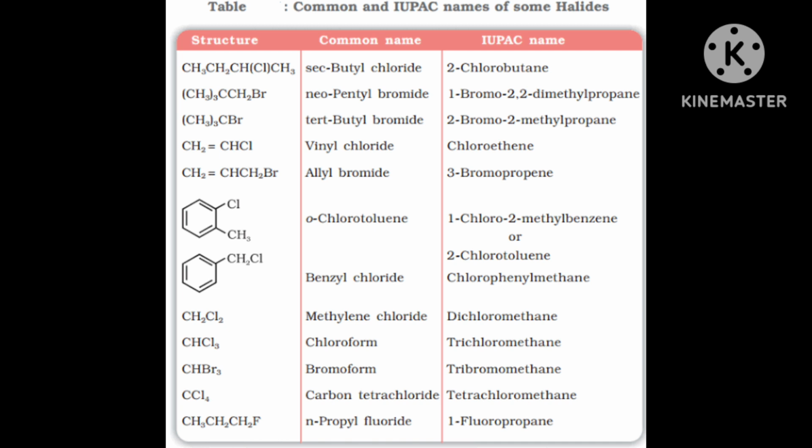Now what is the IUPAC name? All things will be the same, only the numerals you have to write: 1, 3, 5, 1 comma 3 comma 5. After that a dash, because you are making some change, that's why the dash is added. Then 1,3,5-tribromobenzene. Naming is the same for both, only the position difference is there. Numerals you are writing.